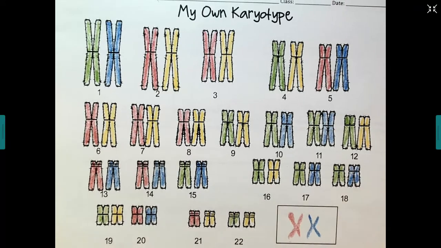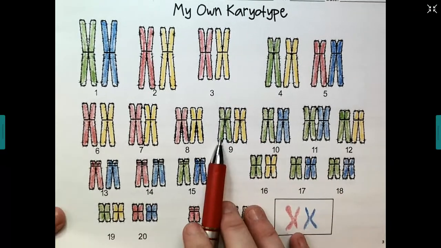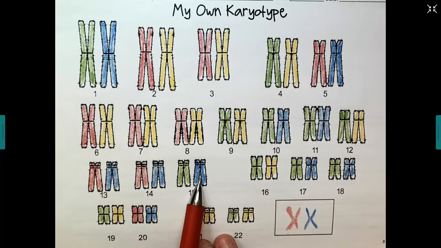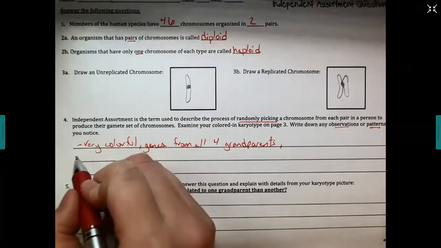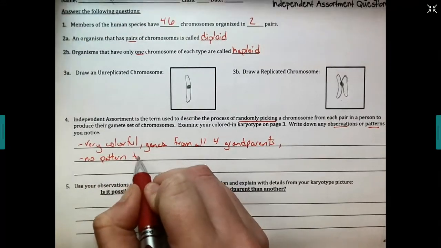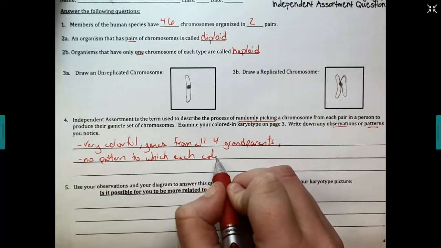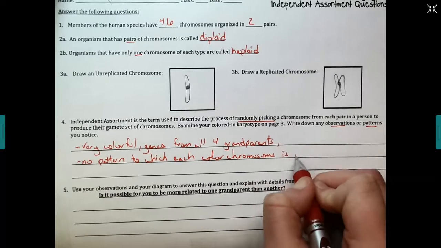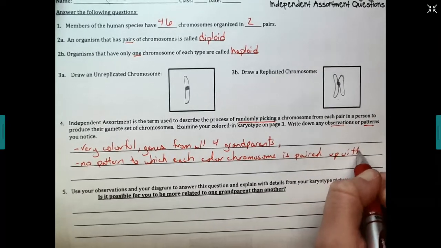Another observation would be about each color. I've got green paired up with yellow. I've got green paired up with blue, blue paired up with red. So there really is no pattern to which color chromosome is paired up with, right?